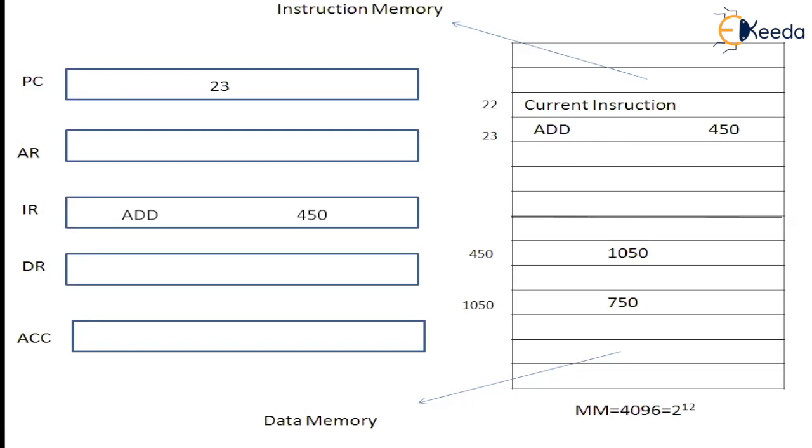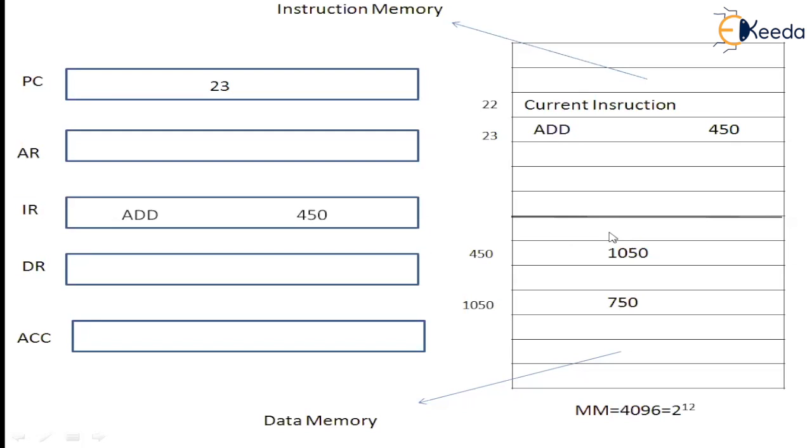So it will get transferred to the instruction register. What are the fields in the instruction? There is a mode field, there is an opcode field, and finally, there is the address of the operand field. What is this address of the operand? The operand will be specified as an address in the main memory, under which there is the actual operand.